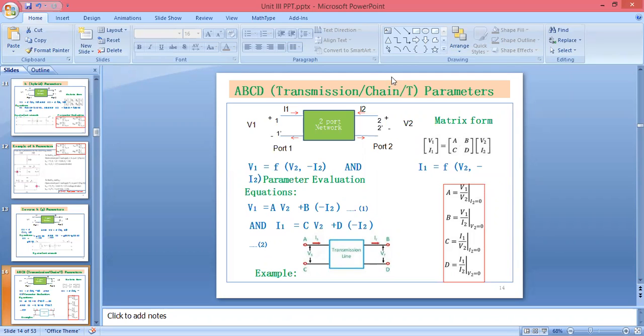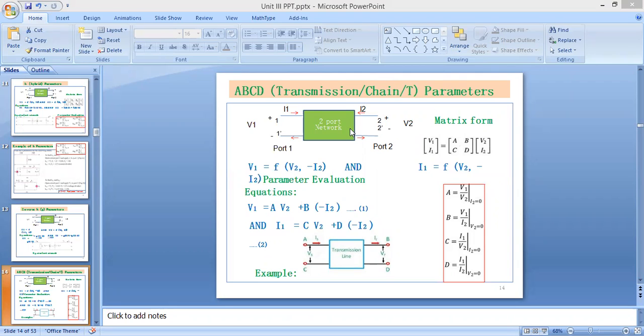Okay, so see here, now we are studying ABCD parameters, in which we are using a two port network. Two port means it will have two terminals at port 1 and two terminals at port 2. So here the voltage appearing across port 1 and the current flowing through port 1 depend on the voltage appearing across port 2 and the current flowing through port 2.